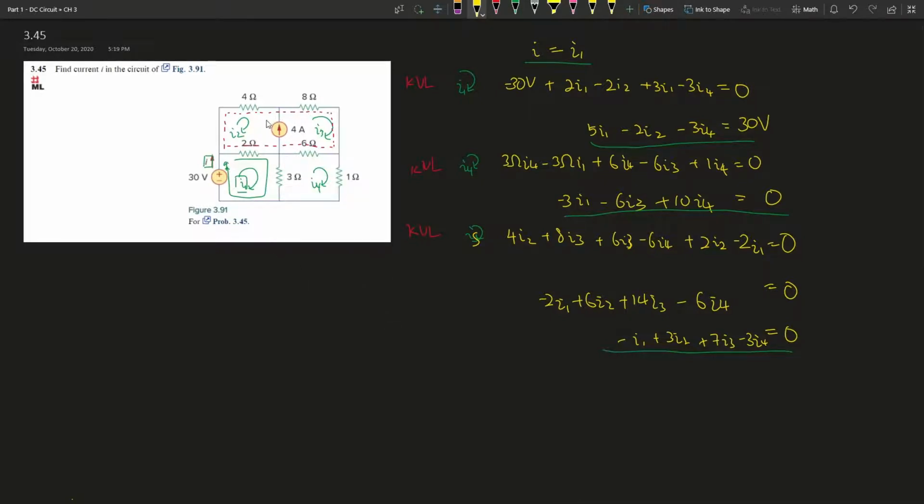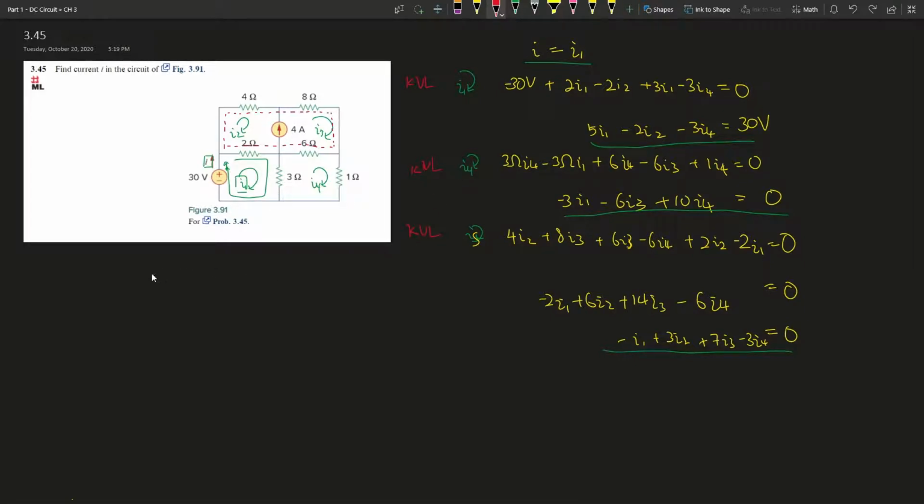We're looking at I1, I2, I3, I4, and I. That's 5 unknowns, and we have 4 equations, which tells us it's not enough. N unknowns require N equations for you to solve the answer. So we're looking for one more, but we have applied all the mesh analysis.